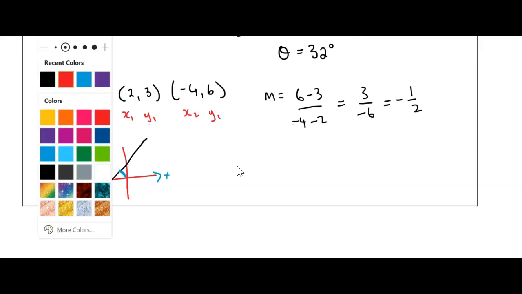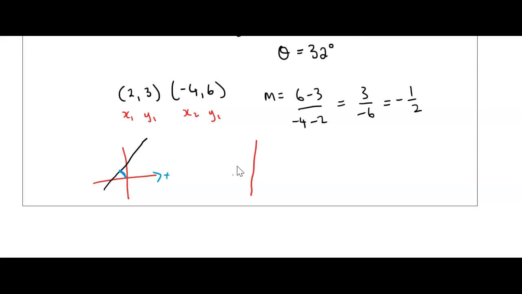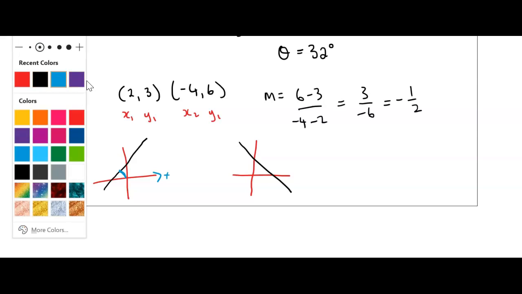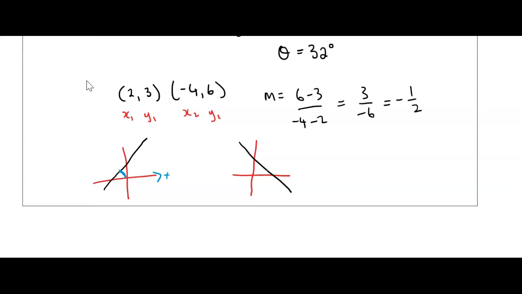All right, so let's look at B. So in question B, we have a negative gradient. So it's -1/2. So it's going to go down like that. And we still want the angle that it forms with the positive direction. So we want that angle there. So what we expect to happen is for it to be greater than 90, somewhere between 90 and 180.